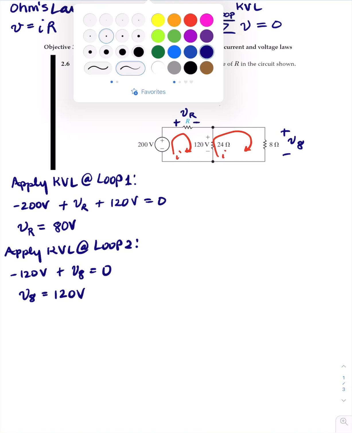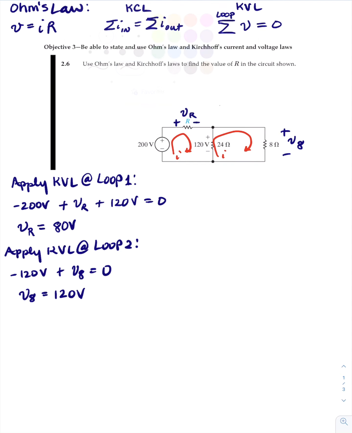Now let's use green. So at this node, we'll call it node A, we have the current I sub R coming in. We'll use passive sign convention, so entering the positive terminal here, we'll call this I sub 8.